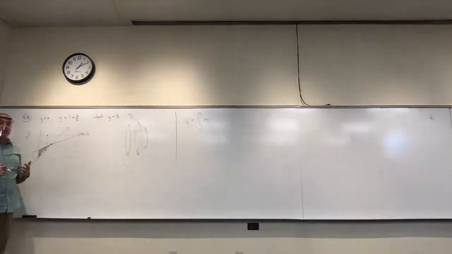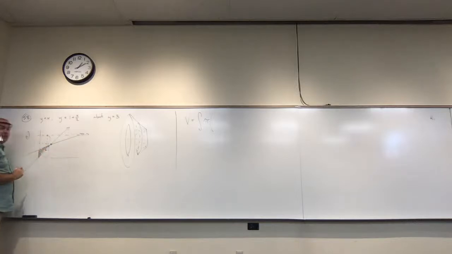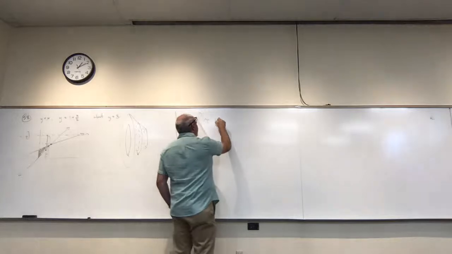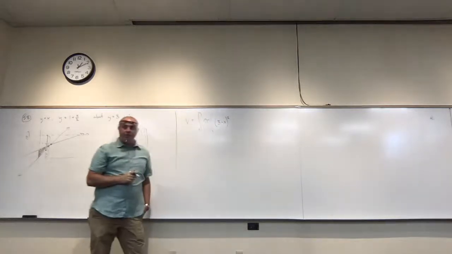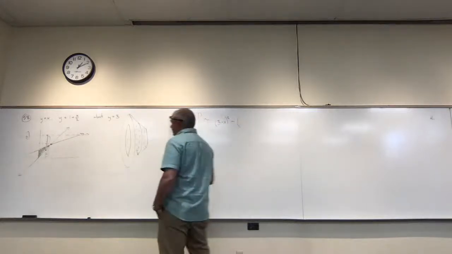Yeah, 3 minus x, right? Because 3 is from here all the way to here, and then this distance right here is x, correct? So 3 minus x is that distance, and that's what I want to put in. So here I'll put in 3 minus x, quantity squared, minus, now we need the inner radius.